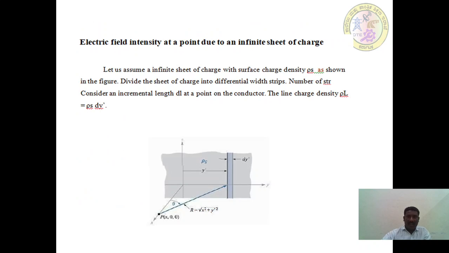Okay, I will review the thing. See this, you are taking a sheet of charge and this sheet of charge is divided into number of strips, so many number of strips. One strip is taken at a distance y dash from the origin, and this strip width is dy dash. The density of this sheet of charge is rho s.